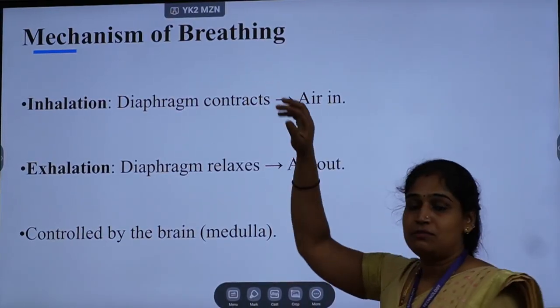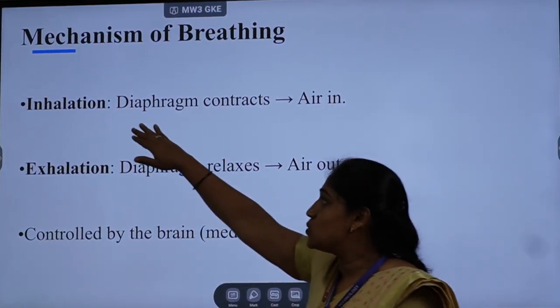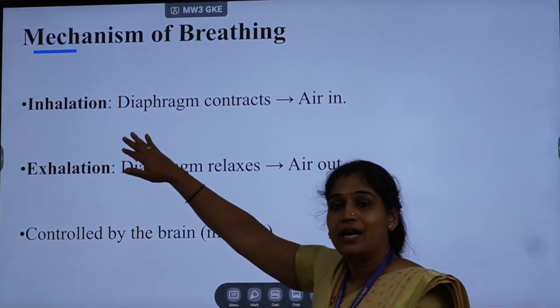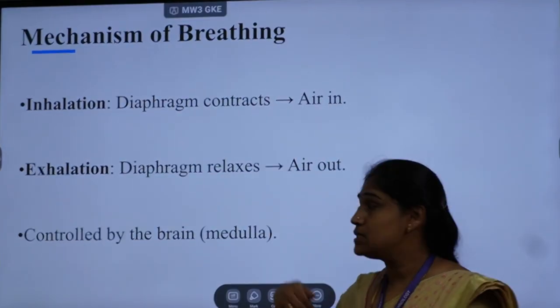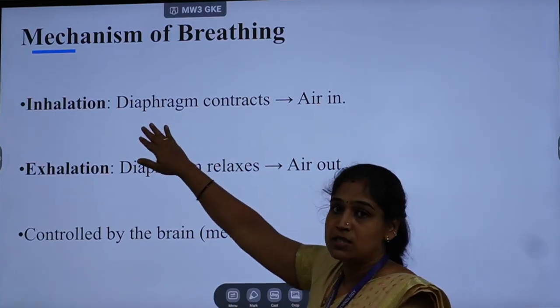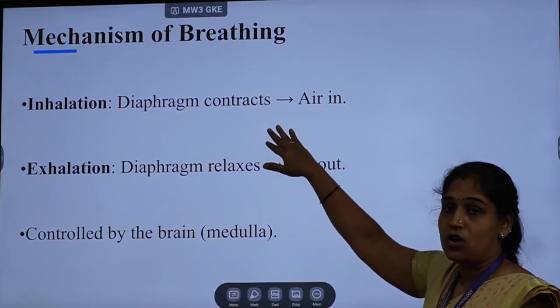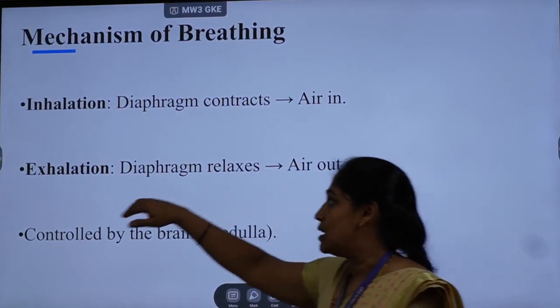So in the mechanism of breathing, we normally encounter two types of breathing. The first one is inhalation, where human beings inhale the oxygenated air, and in this process the diaphragm contracts, that is, air is taken inside the lungs.